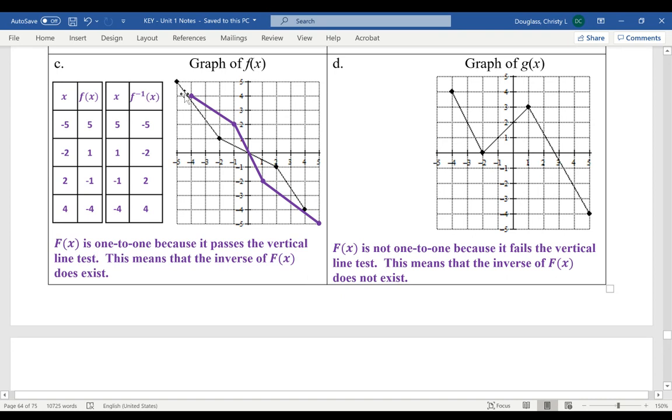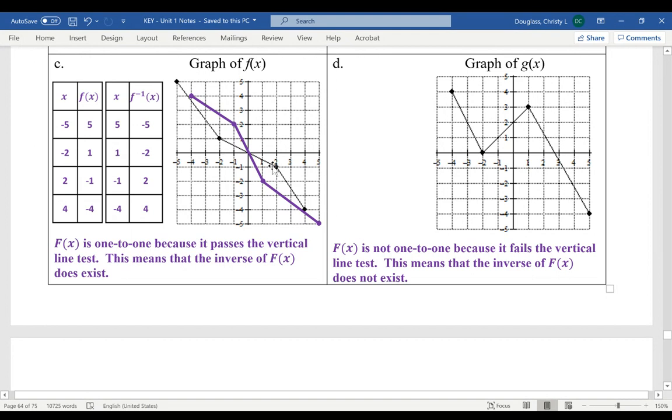So I simply picked out a few points from my original f of x: (-5, 5), (-2, 1), (2, -1), and (4, -4). I switched my x and y's for my inverse, and I plotted the new points to draw my inverse function. So on the graph in purple, you will find the inverse of f of x.